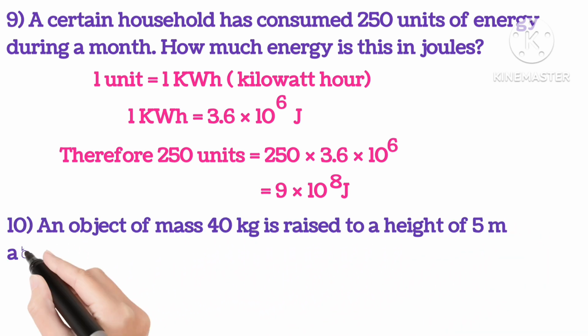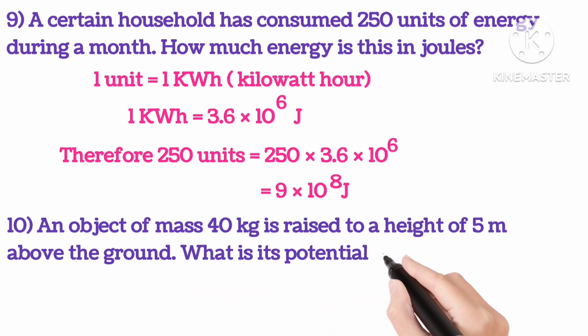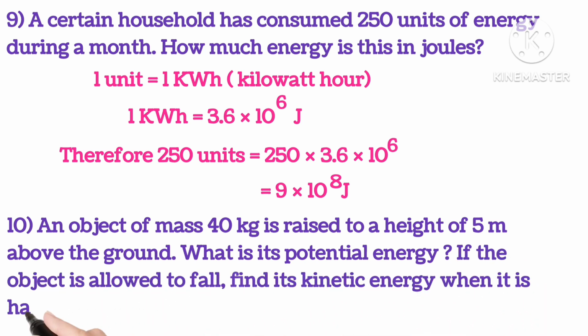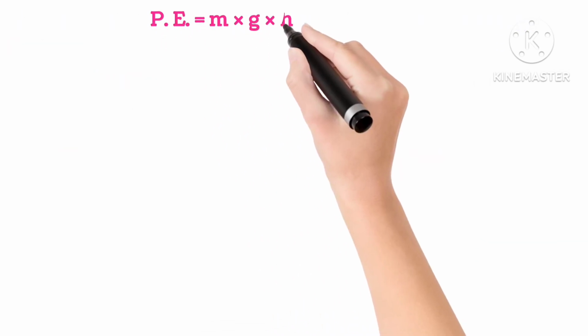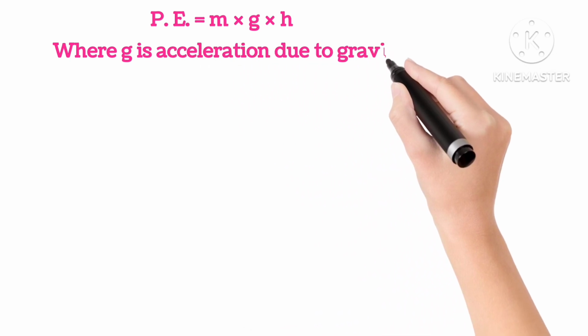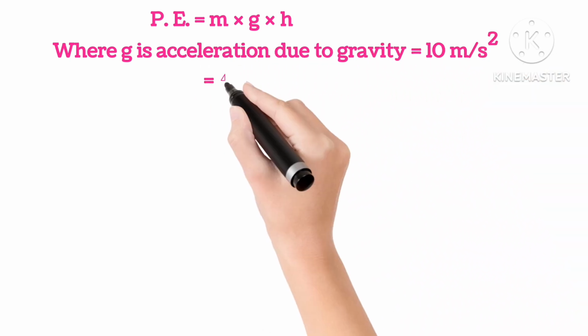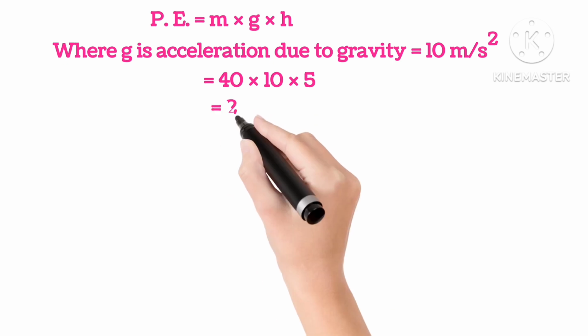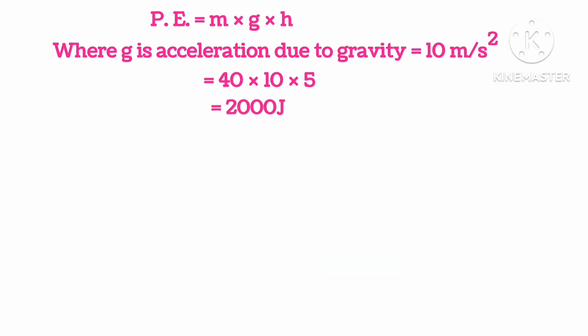10th, an object of mass 40 kg is raised to a height of 5 meters above the ground. What is its potential energy if the object is allowed to fall? Find its kinetic energy when it is halfway down. The potential energy here is mgh, where g is the acceleration due to gravity, which is 10 meters per second square. Putting the values, we get potential energy 2000 joules.